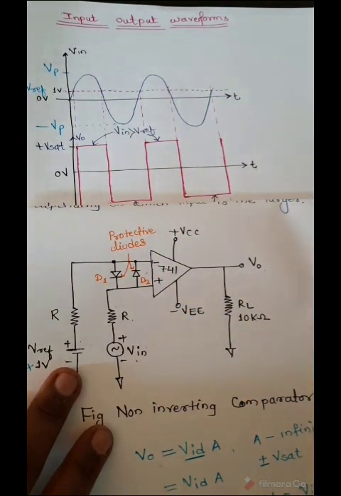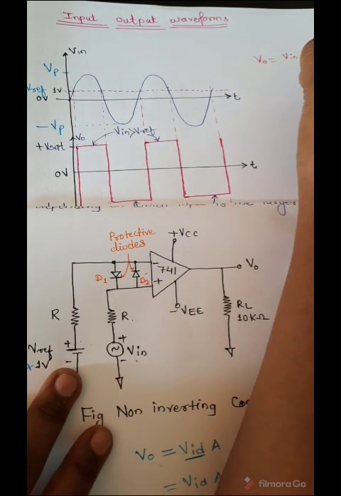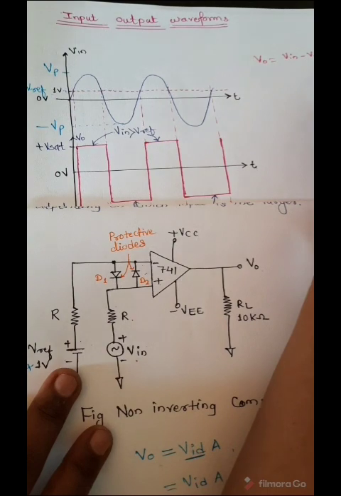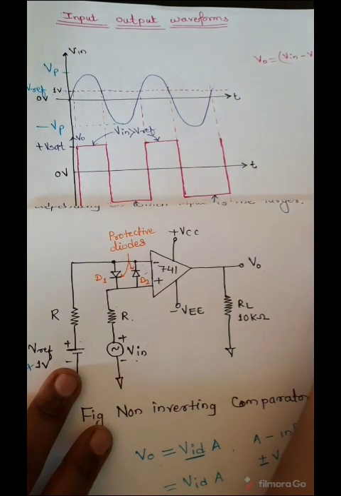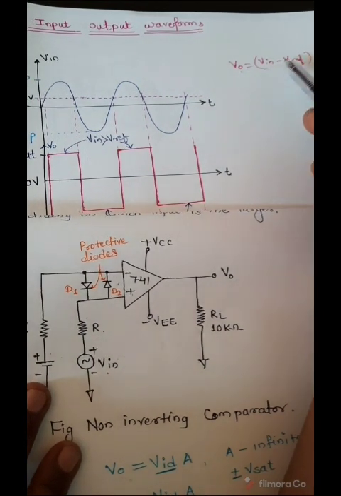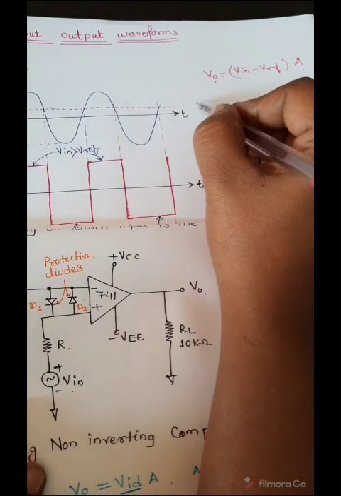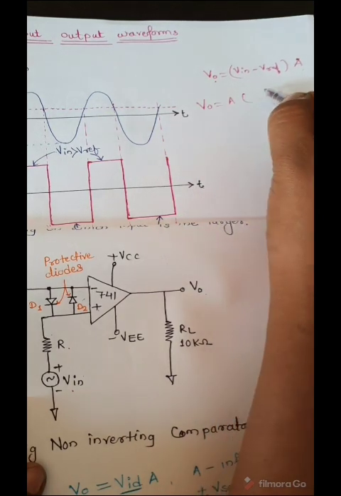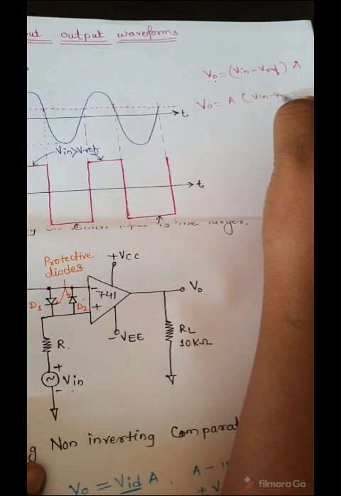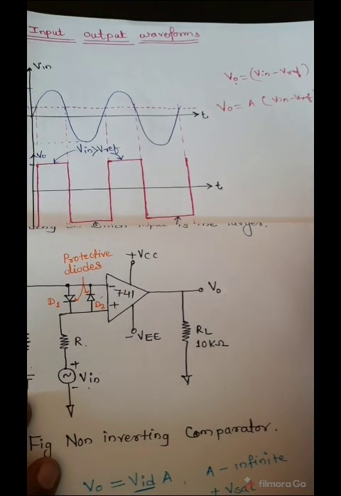The output voltage equation is Vin minus Vreference, multiplied by the gain A, so V0 is equal to A times (Vin minus Vreference).